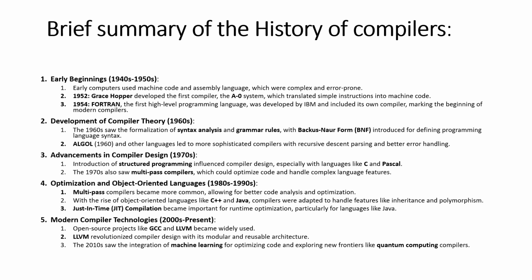Then in the 1980s to 1990s, object-oriented languages like Java and C++ came into existence, with runtime optimization and better code analysis and optimization techniques. Just-in-time compilation was introduced, used at runtime. Before this, compilers were used before executing the program, while just-in-time compilation is used at execution time.